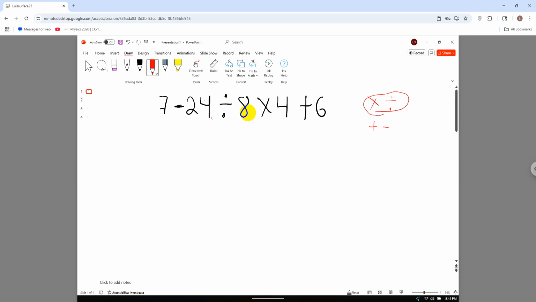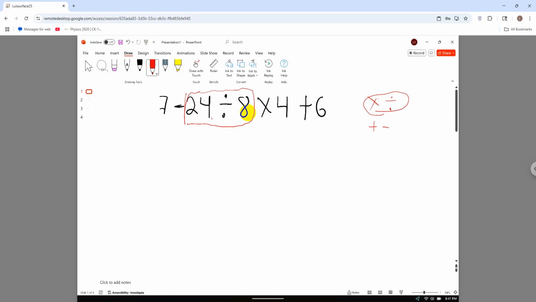And if we have several examples of multiplication and division, we move from left to right, right? So right here I start moving from left to right. Where we have subtraction, we ignore that. Here we have division. So that's what we do first, the division. Okay? So 24 divided by 8, right? So it would be 3.